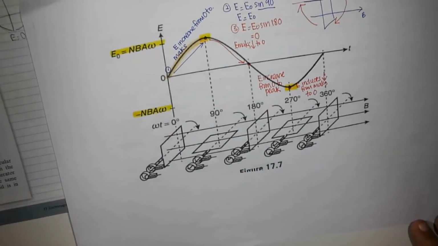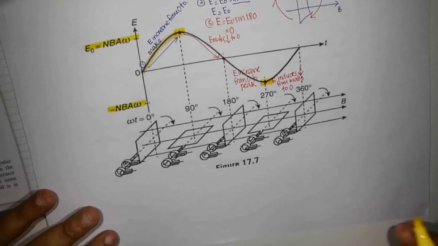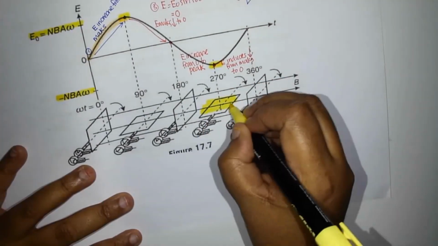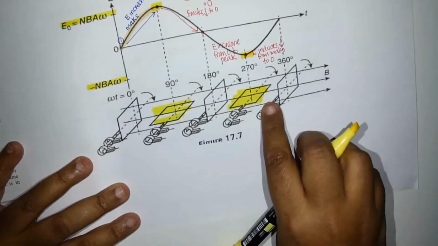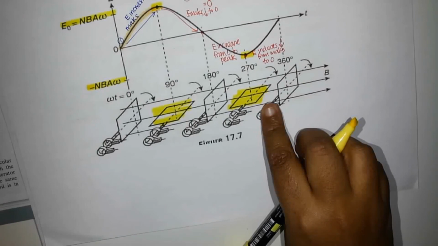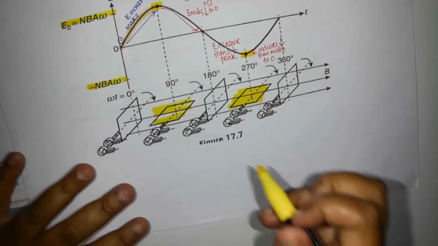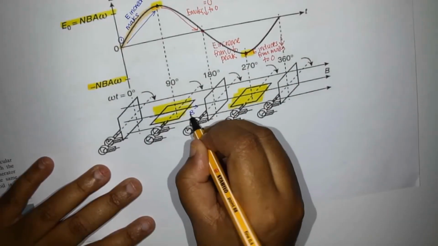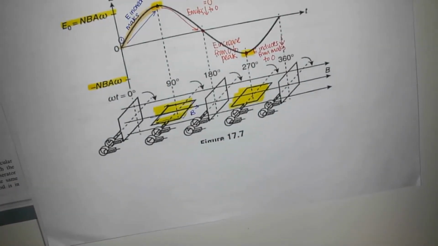Then you can also say the EMF is maximum when, look at the diagram, the plane of the coil is parallel to B. This is the direction of the B, and the plane of the coil is parallel to B.